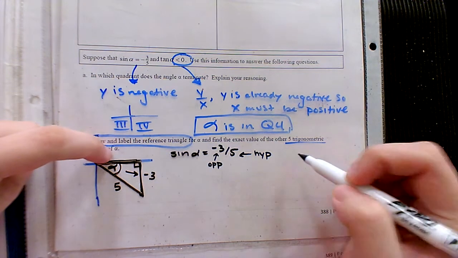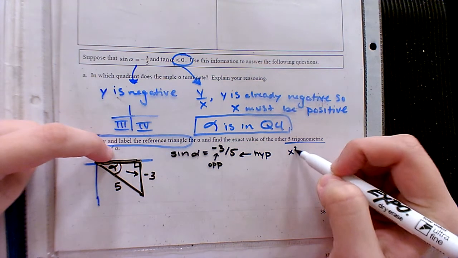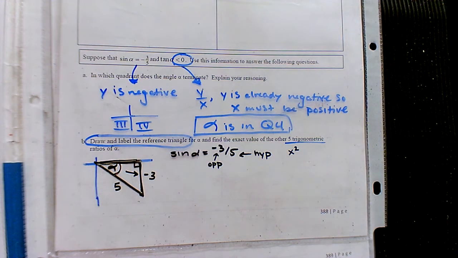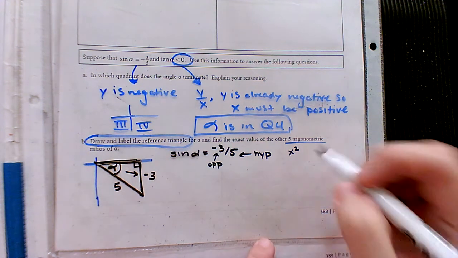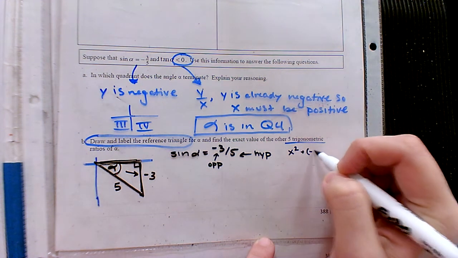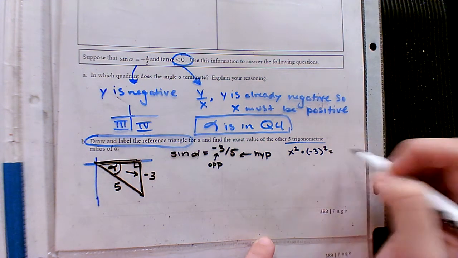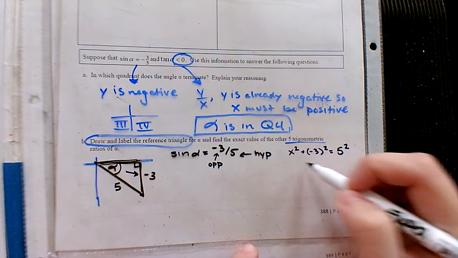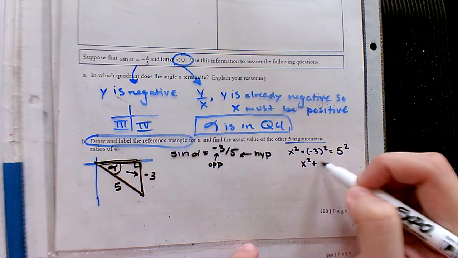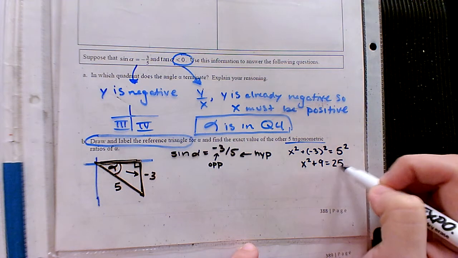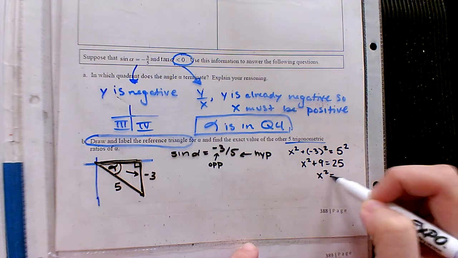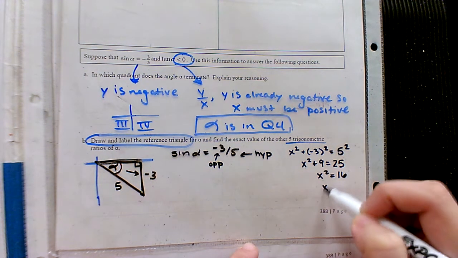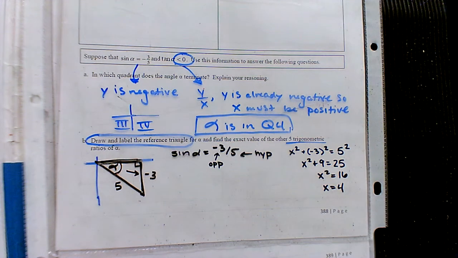We don't know what that x side is, so you can label it a or x, whatever variable. We need x squared plus -3 squared to equal our hypotenuse squared. So x squared plus 9 equals 25. X squared equals 16. Square root of 16 is 4.